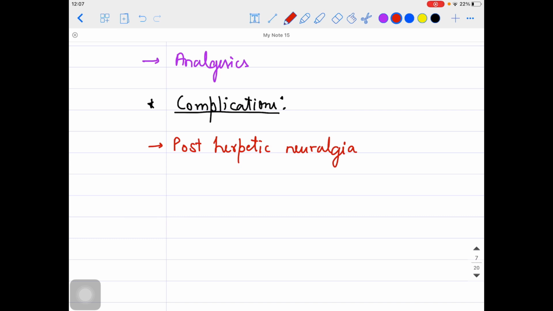This is called post-herpetic neuralgia. About 20 to 30% of patients might complain of this. It is one of the common complications.